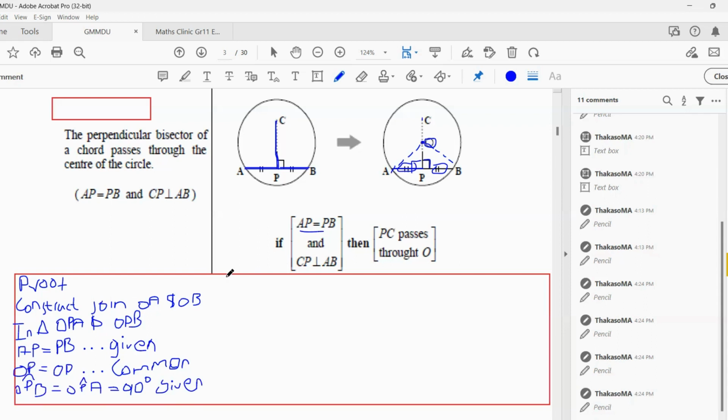So we just proved two sides and an angle of two triangles that are equivalent. What does that mean? It then means that triangle OPB is congruent to triangle OPA.